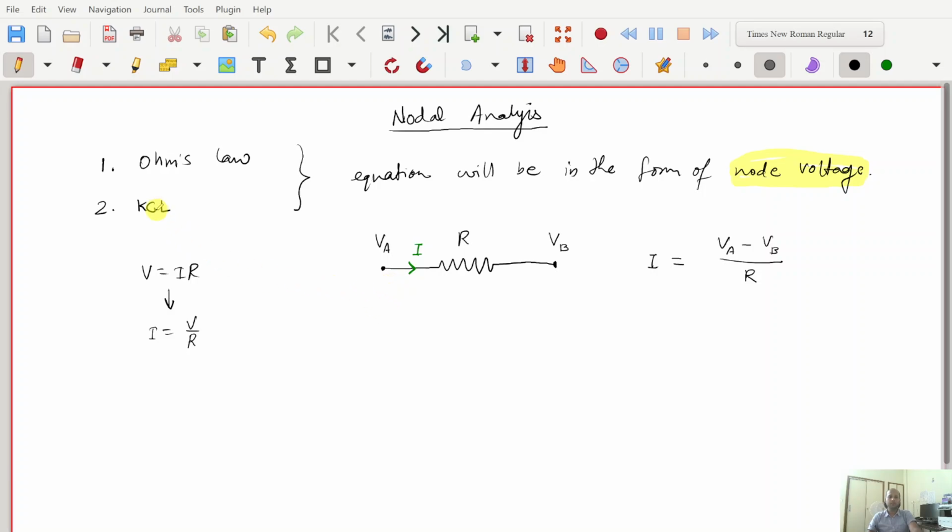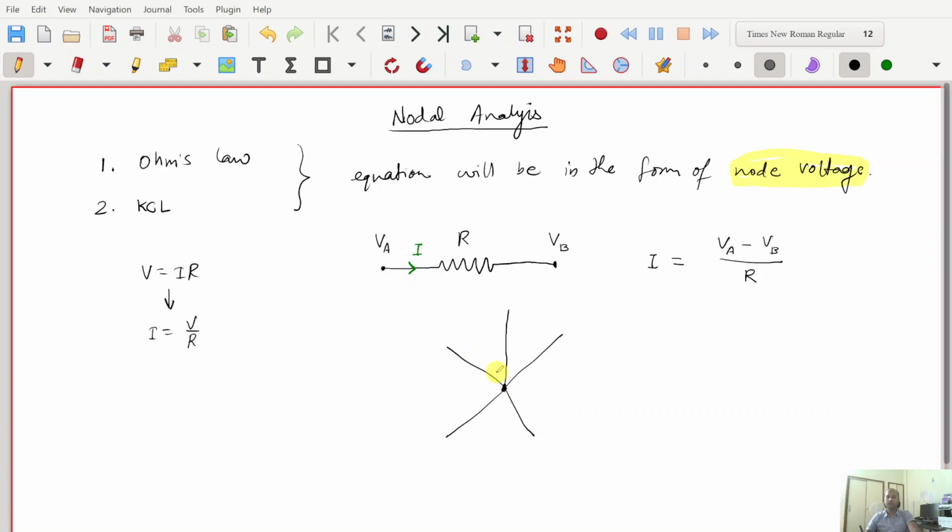Now the second law is Kirchhoff's current law. This is also very important. Kirchhoff's current law states that in a particular circuit we have to look at a node. Let's say for example we consider a node, and to this particular node there are 5 different branches connected together.